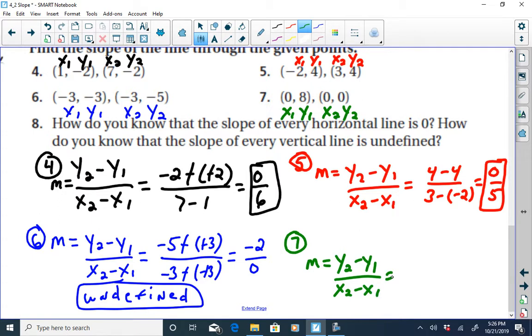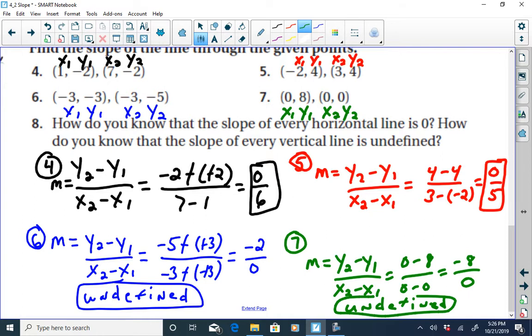We replace y2 and y1, so that's going to be 0 minus 8 in the numerator, and in the denominator we're going to have 0 minus 0, which is going to give us negative 8 over 0, and we know we cannot divide by 0, so once again that will be an undefined slope. Okay, let's continue.